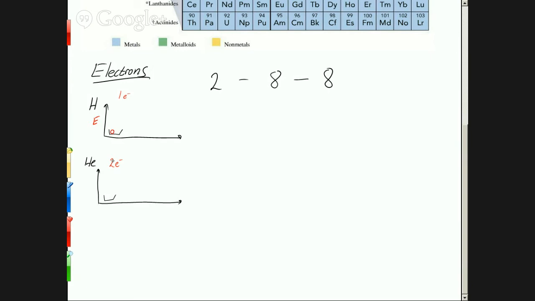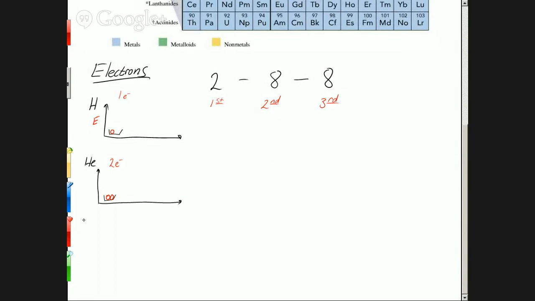That little e with a negative sign is a symbol for an electron. We put 2 in the bucket. Now that level only holds 2. That's its total capacity. So that's the first level, second, third. Those of you who have taken more chemistry know it gets a little more complicated in the third level. We're not going to get into that in this class. So we'll say that the first level is full now with helium.